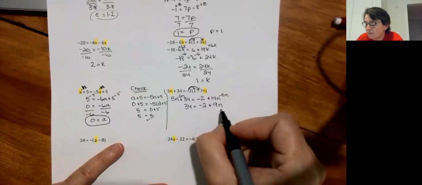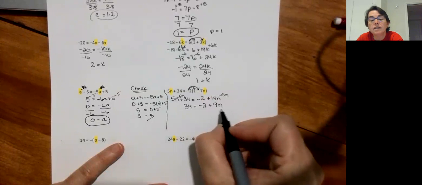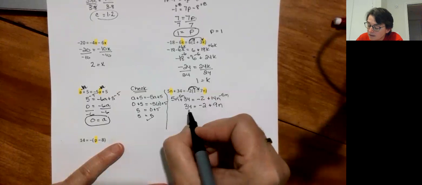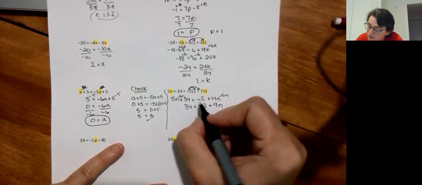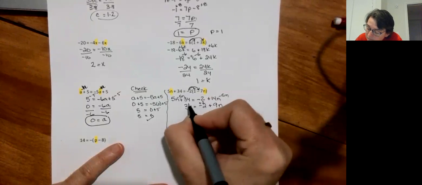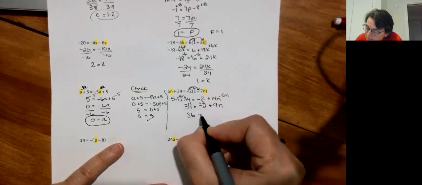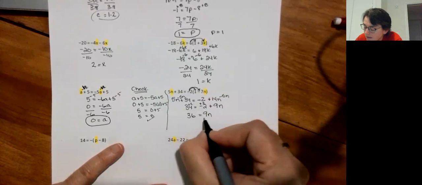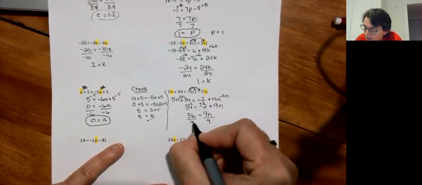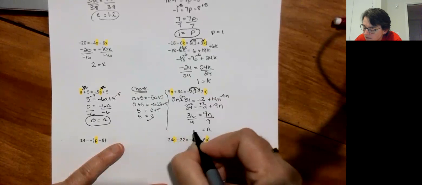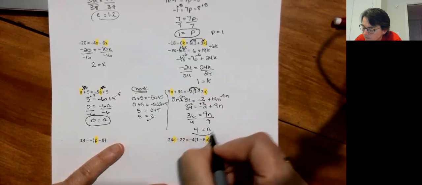Okay, so my variables are all isolated over here. Here is a number, here's a number, so I need to move this plus 2. So 34 plus 2 is 36, is equal to 9n. Divide by 9, divide by 9. n is equal to 4.